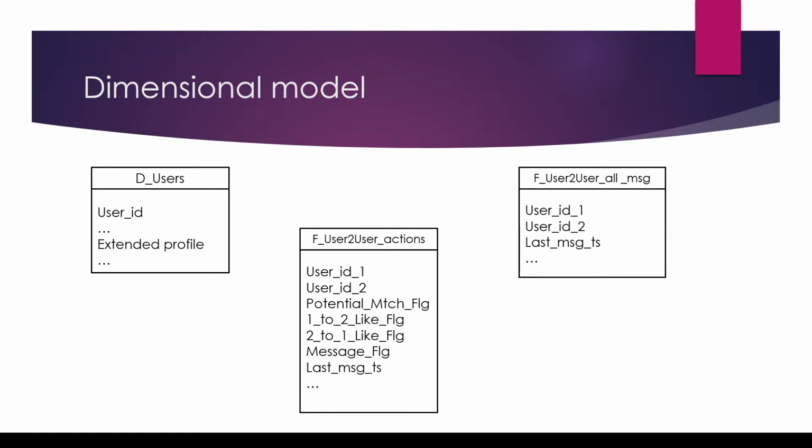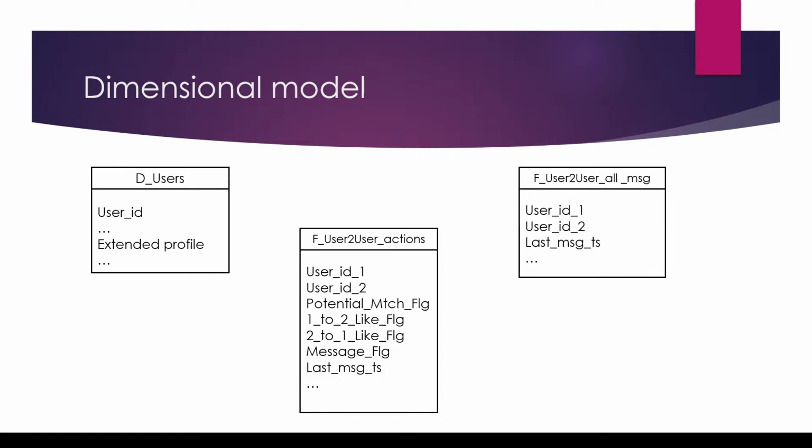When user id 7 is matched with user id 1000, I wanted to make sure I'm not having two different rows, one for 7 to 1000 and another for 1000 to 7. So I wanted to implement a logic in the application program, the data engineering pipeline that inserts records into this table, such that user id 1 would always be lower than user id 2.